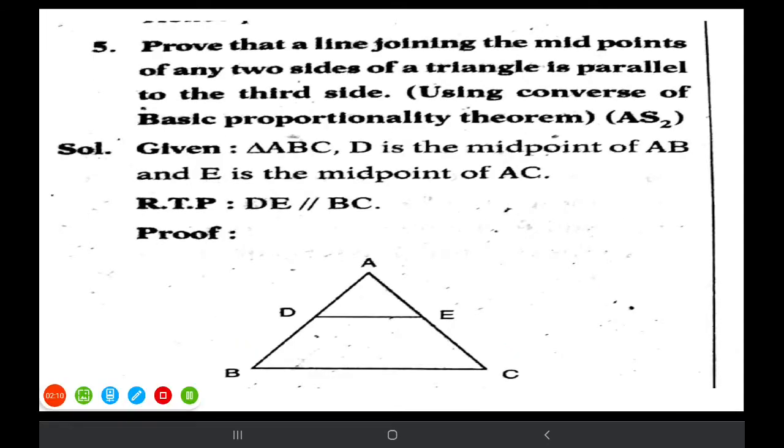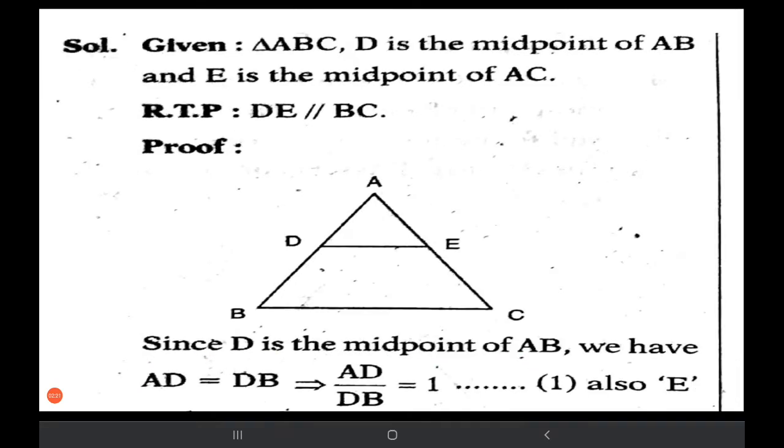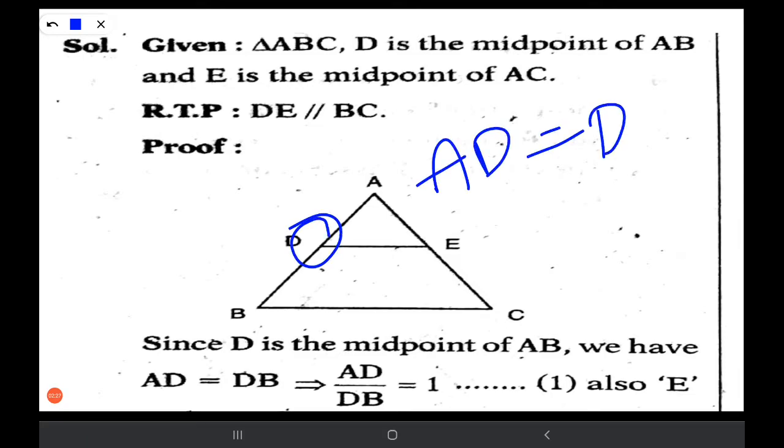Next, I have just drawn the diagram. See, since D is the midpoint of AB, we have AD equals DB. If D is the midpoint, AD equals DB.